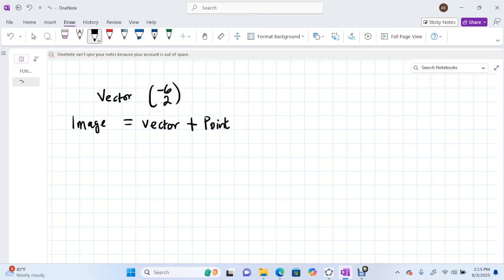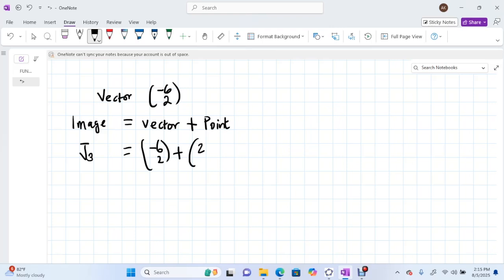So we take each of the points. For example, the image of J is going to be J3, and it's going to be the vector -6, 2 plus the point. J was 2, 3.